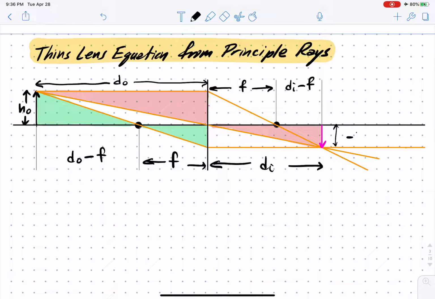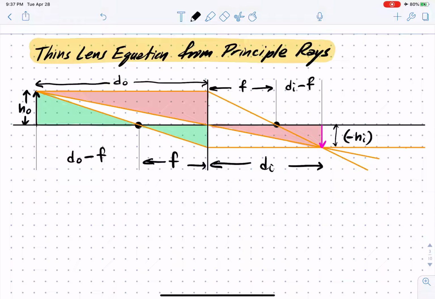We're going to call this minus HI for a reason that won't be obvious for a while. But we want the positive distance, and HI is pointing downward, so it's a negative quantity. If that makes sense, this will end up making things easier. But here in the algebra, we need to use minus HI because HI is negative. In order to do these similar triangles, we need a positive quantity.